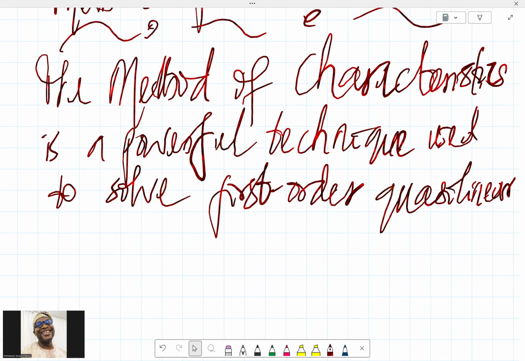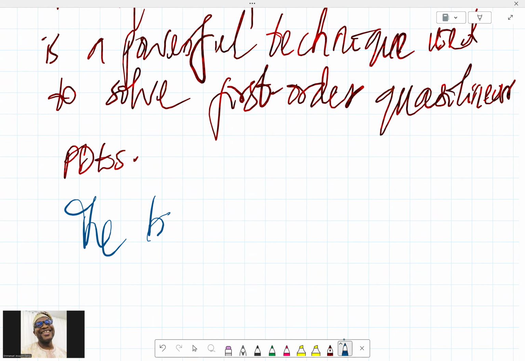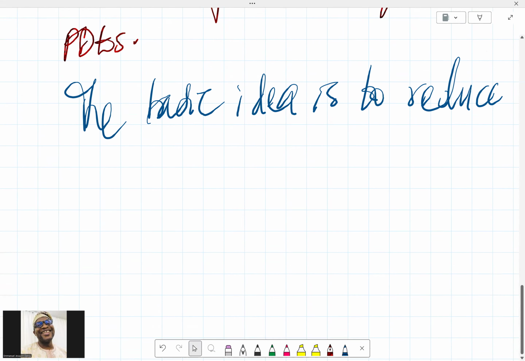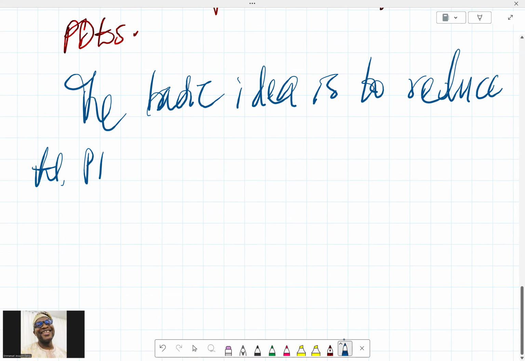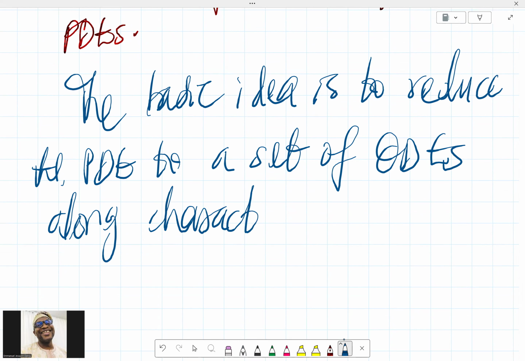If it's not first order, we can't use the method of characteristics. The basic idea is to reduce the PDE to a set of ordinary differential equations along characteristic curves.